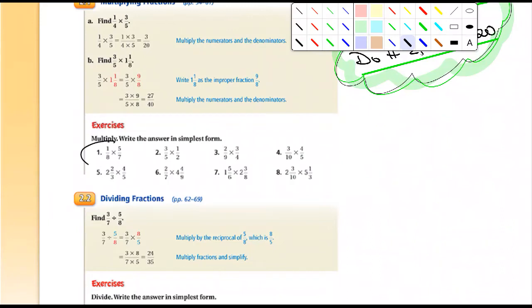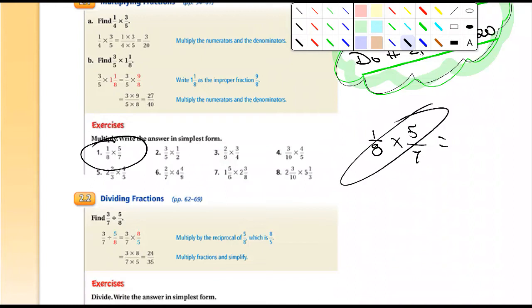So number 1, for example, you don't have to do number 1, but I'm just going to use that as an example. If you're multiplying fractions together, 1/8 times 5/7. In this case, we can't do any cross-canceling either way, so you're just going to end up multiplying straight across. 1 times 5 is 5.